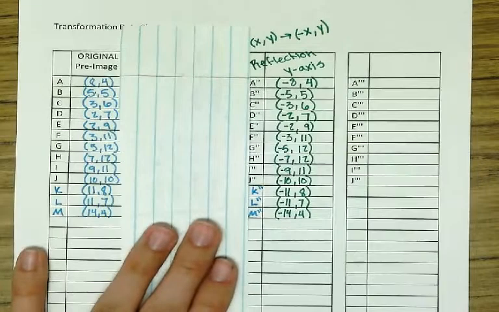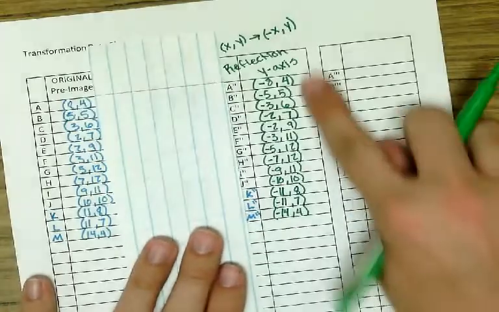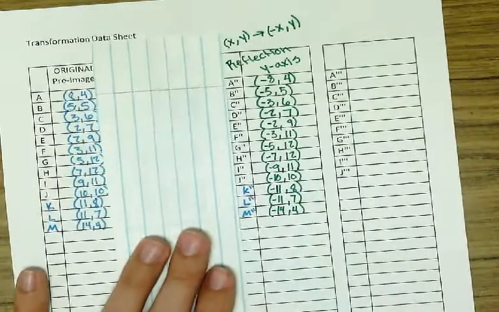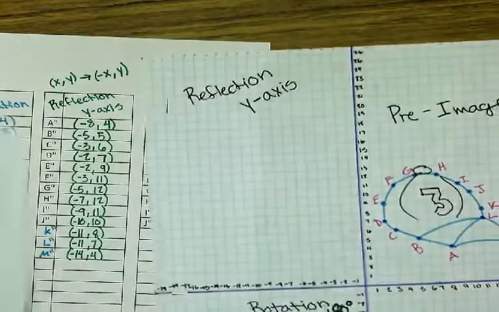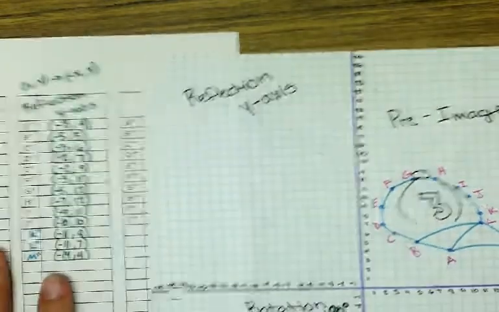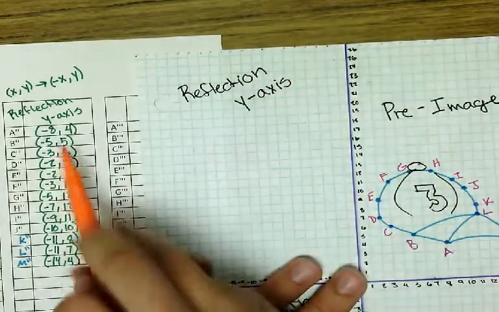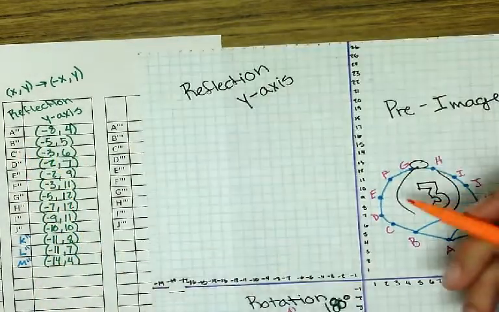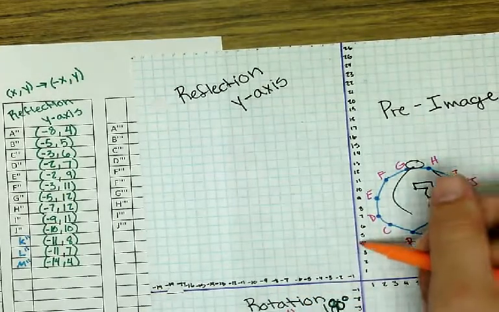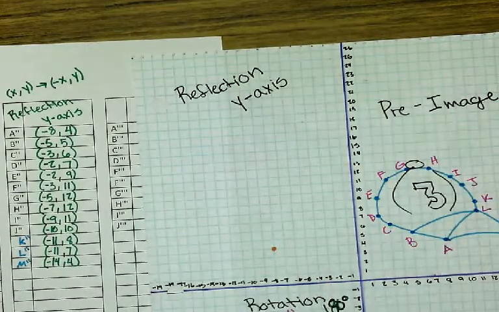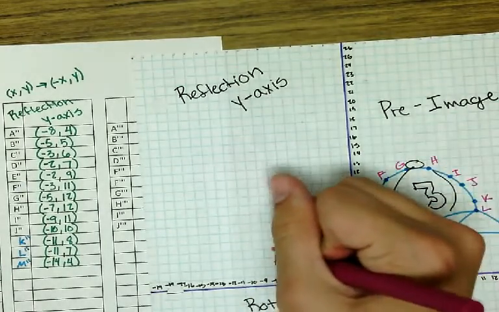Alright, so I have all my points labeled. Now I'm going to go back to my graph paper, and all I'm going to do is plot my points as I see them. My first point, A double prime, is at (-8, 4). So my first point is here, and that is A double prime. Make sure you label all of your points.